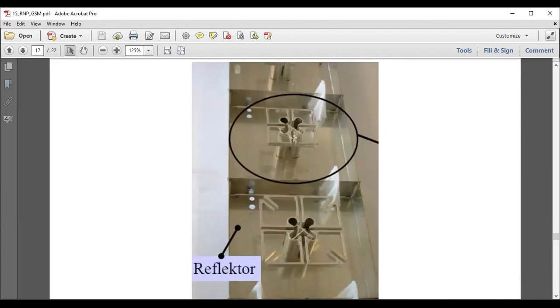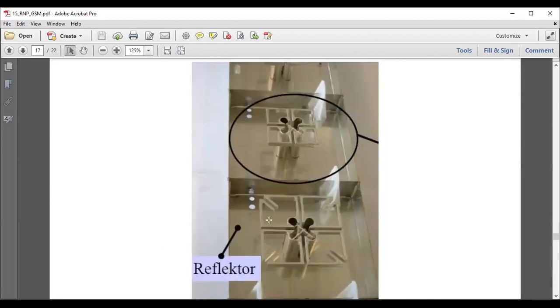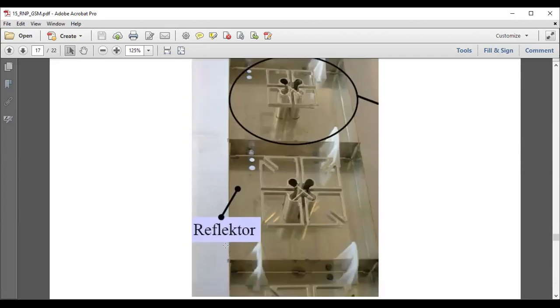So the real antenna is set up in these metallic frames, and they work as reflectors. So you don't have any backward radiation. All the backward radiation will be reflected, and this energy will be sent in the forward direction because of reflection.